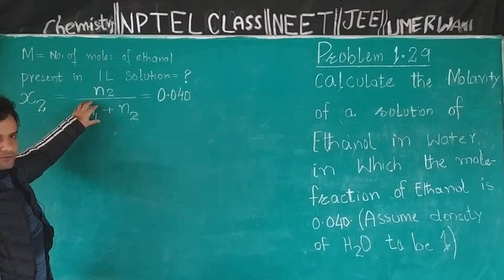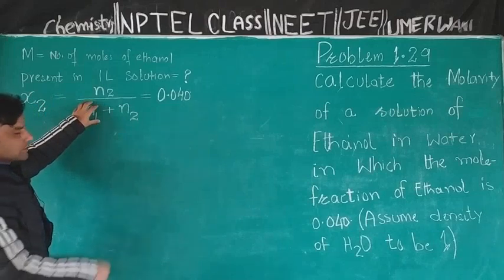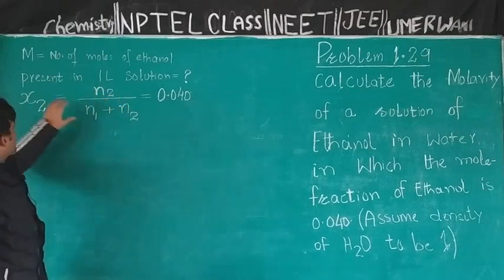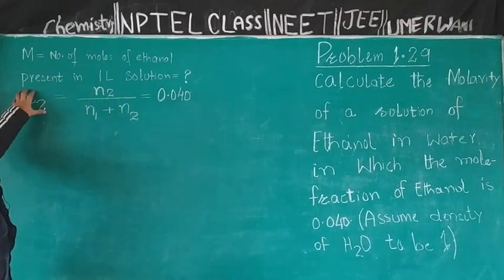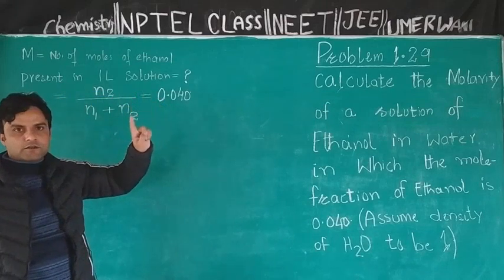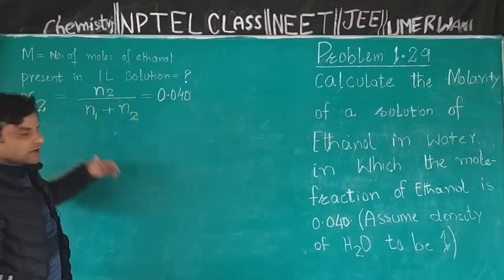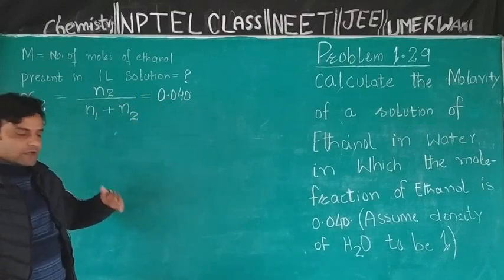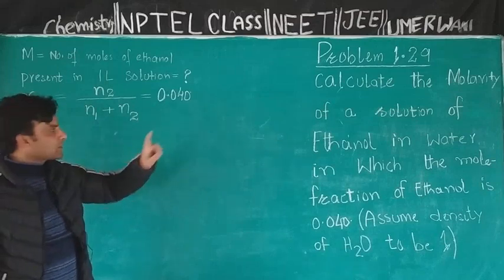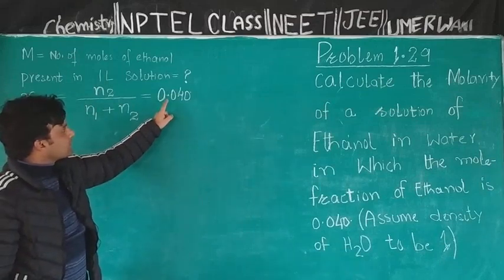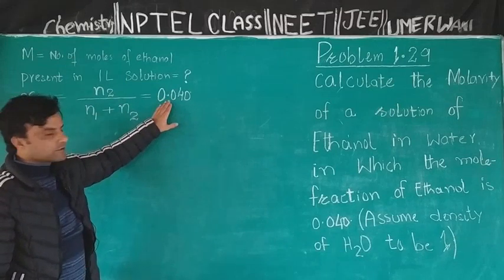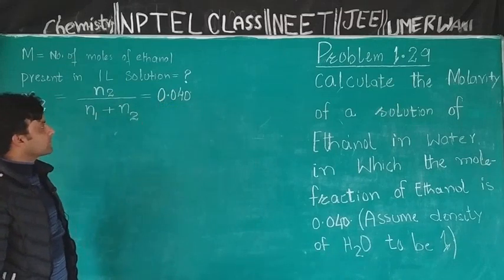If there are only moles of solute, then N1 will become 0, N2 divided by N2 will become 1. Maximum value of mole fraction of ethanol will come equal to 1. So maximum value of mole fraction of ethanol in pure ethanol is 1, but here value is negligible in comparison to 1, or very small in comparison to 1, 0.04.